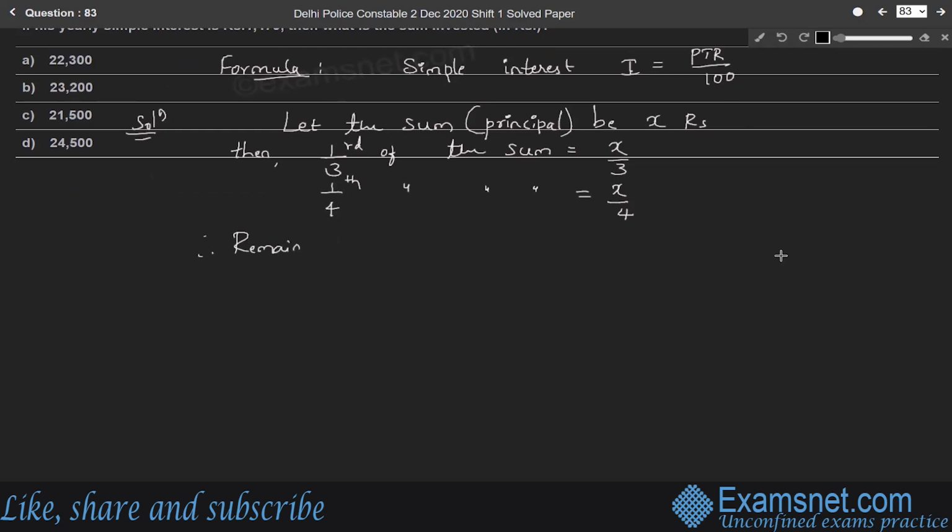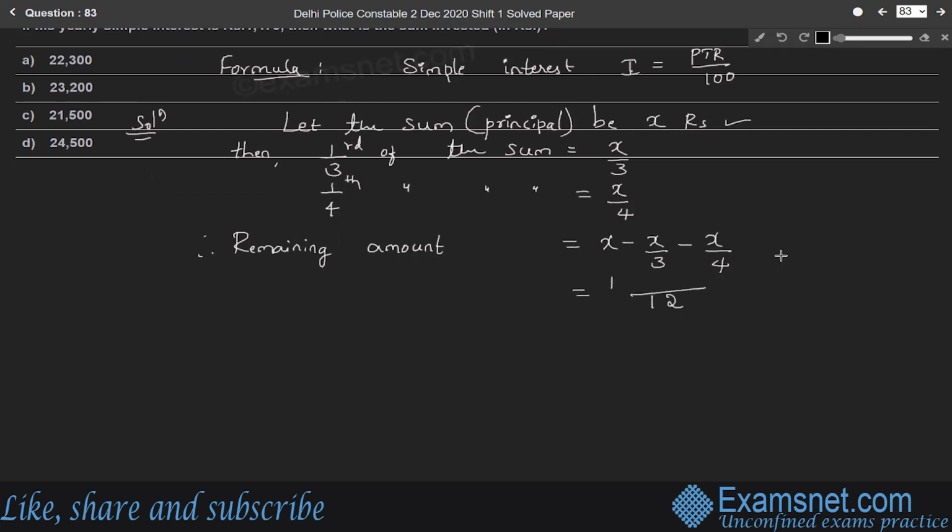Remaining amount is equal to, if X is the principal amount, then remaining becomes X minus X by 3 minus X by 4, right? So here 12 is the LCM.